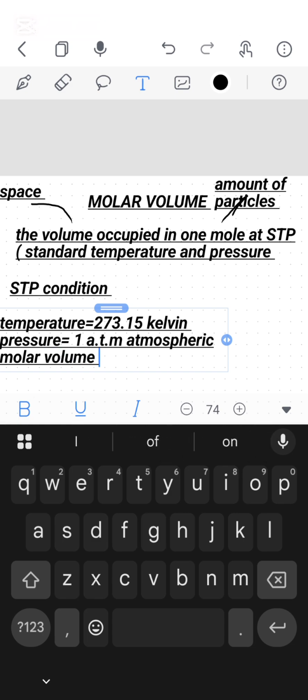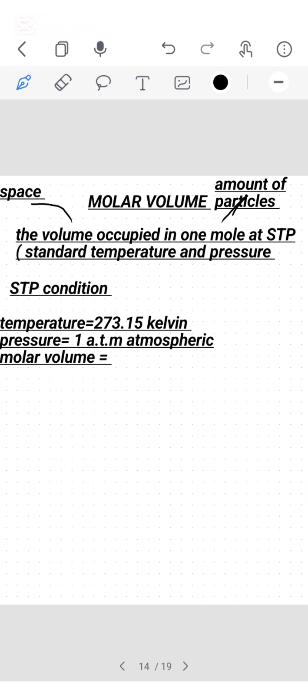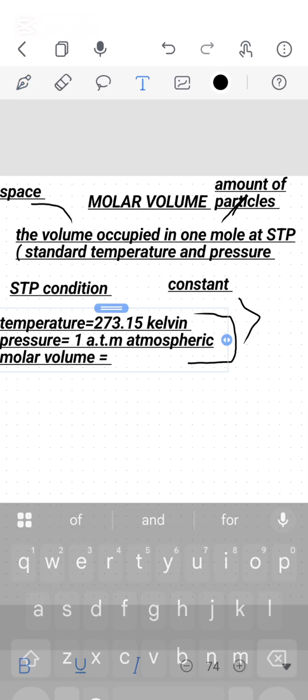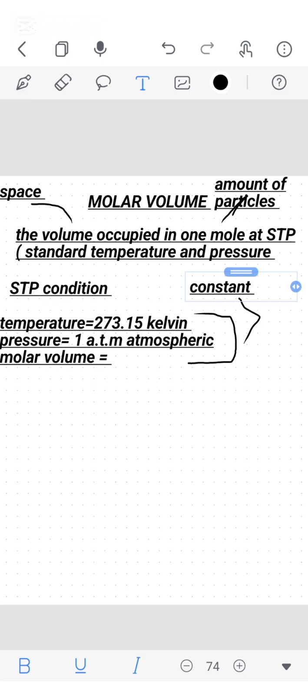And now in the end we have the main thing, molar volume. These are constant values. These won't be changing, unless we have to find for half of a mole, then this value will change. Otherwise it won't change. We will put that same value and take out the answer.